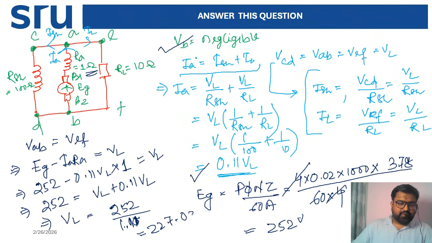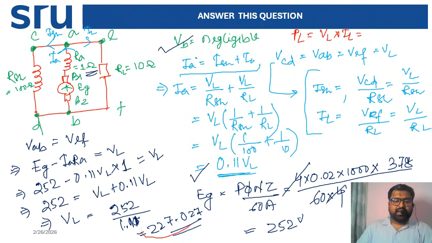This I already calculated. Okay, then VL you computed. Our objective is to find out the PL. How to find out the PL? PL is nothing but your VL into IL, right? If your VL you already computed, then you can easily calculate your IL. Otherwise, you can rewrite this formula in a different way.